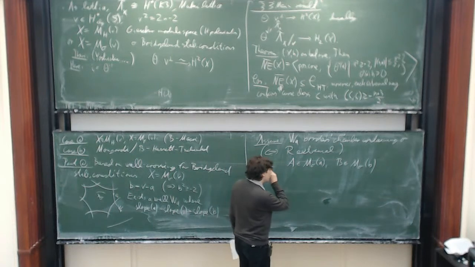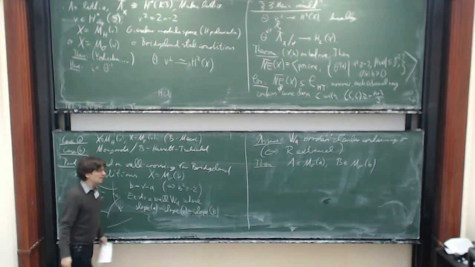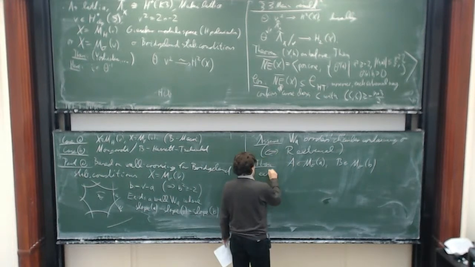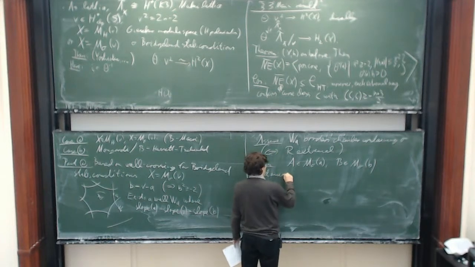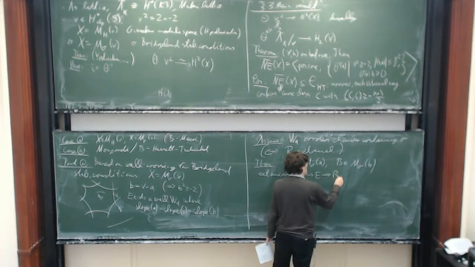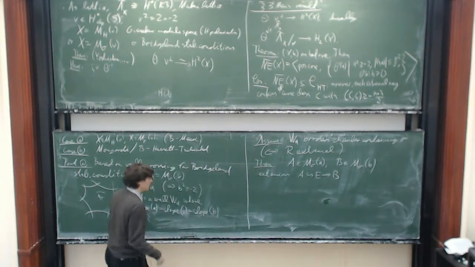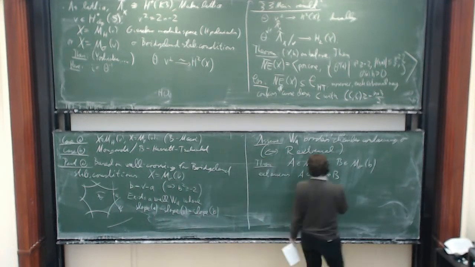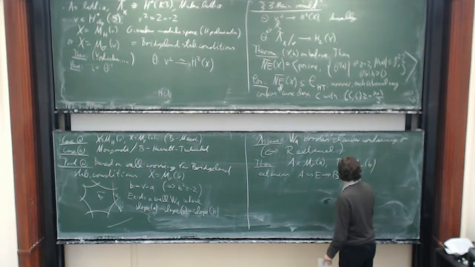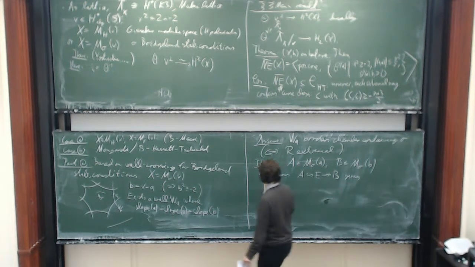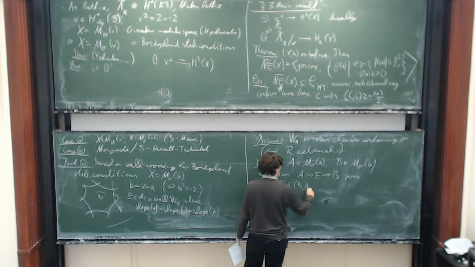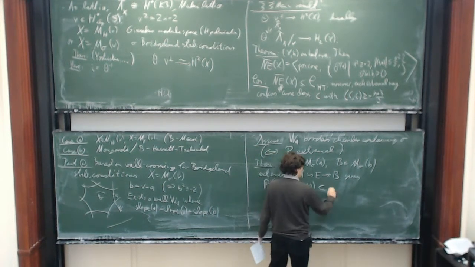Then it's a simple numerical argument that there are always extensions from B to A. So the extensions A into E onto B always exist, and then it's also not a difficult argument to show that these produce stable objects of class V. So this gives a projective space inside this moduli space.